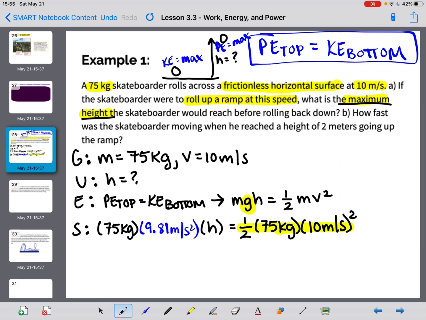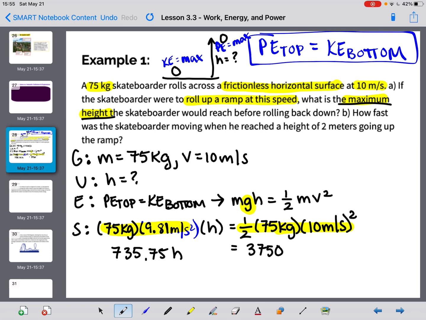Okay? So if I plug this into my calculator and I do 1/2 times 75 times 10 squared, I would get a value of 3,750. And then let's clean up this right here. So 75 times 9.81, that's 735.75. Just drop down the h.